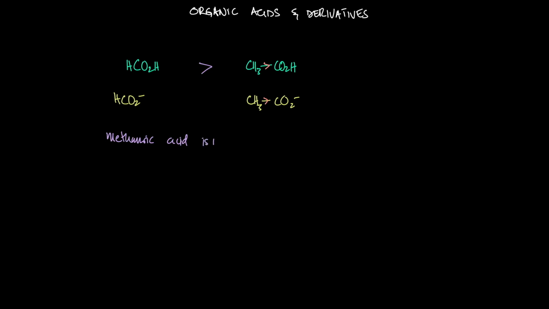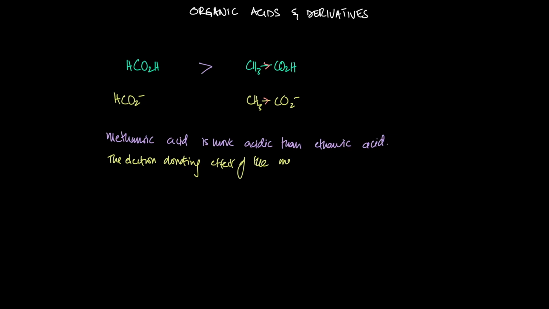Methanoic acid is more acidic than ethanoic acid. Okay. And the reason why is that the electron donating effect, or again the positive inductive effect, of the methyl group makes the ethanoate ion less stable than the methanoate ion.